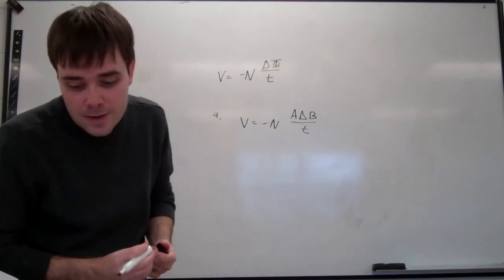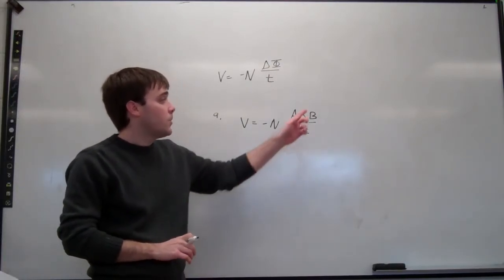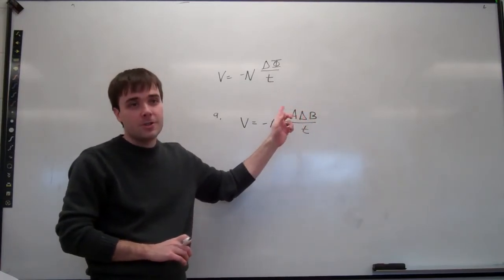It says the magnetic field increases by 0.65 Teslas. So we just have to put 0.65 in for the change in B there.